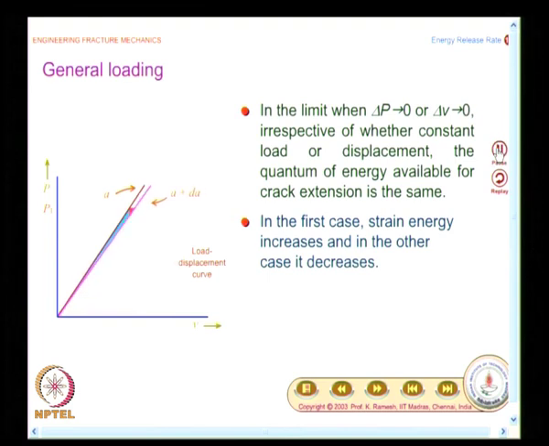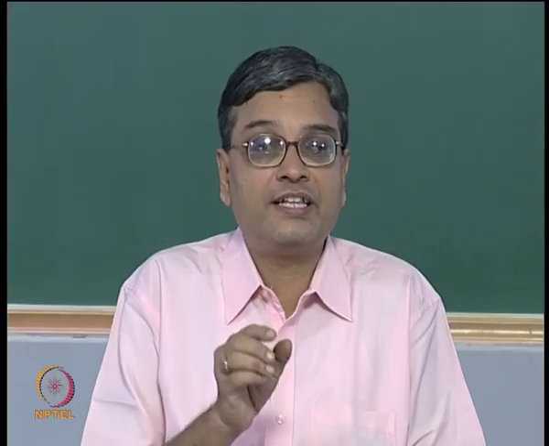So, both from a graphical perspective as well as from a mathematical perspective, the energy availability is same in the case of constant loading as well as constant displacement.